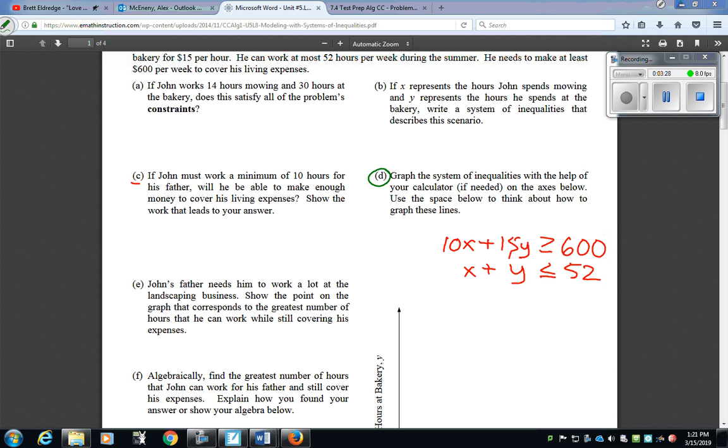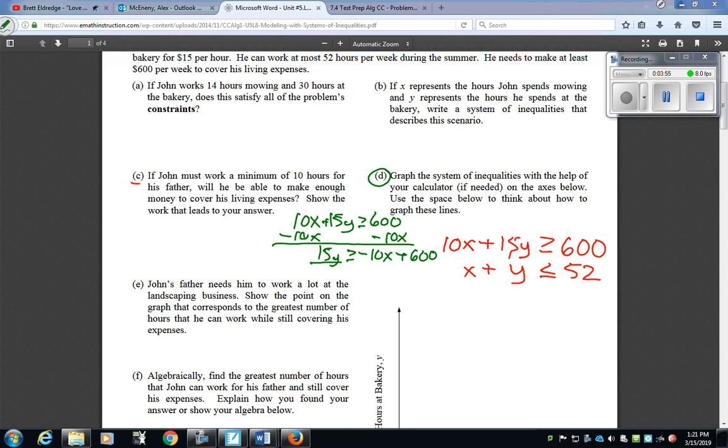So, in the case of part D, I'm going to go ahead and get Y by itself in each of the inequalities. So for the first one, I'm going to have to subtract the 10x on each side. So I get 15y is greater than or equal to negative 10x plus 600.